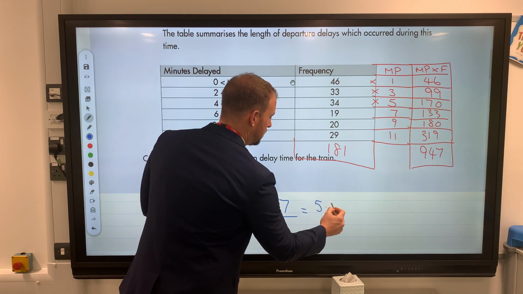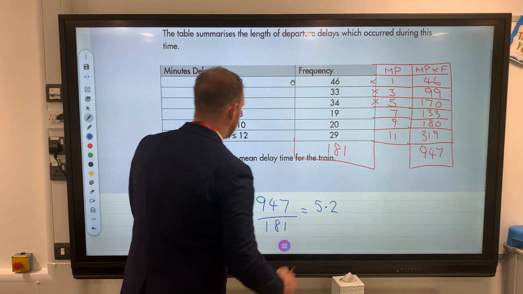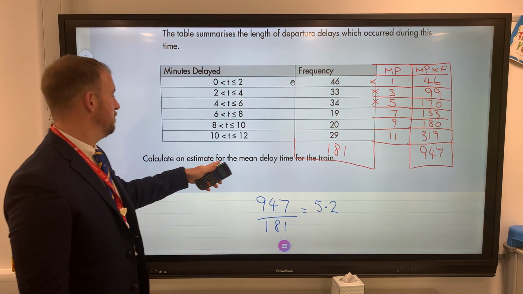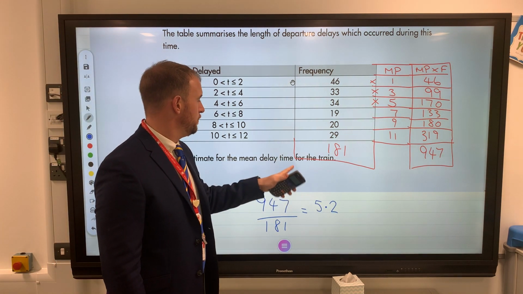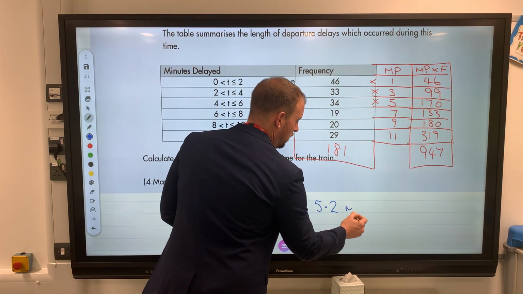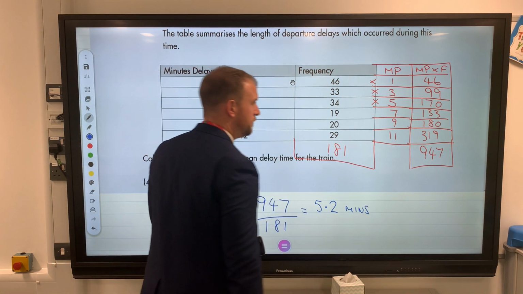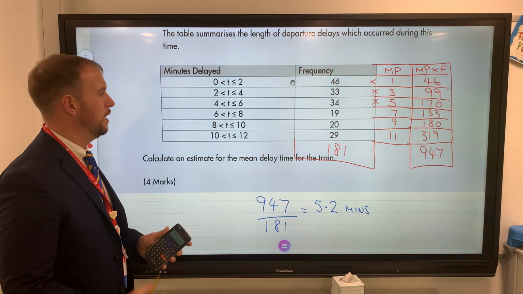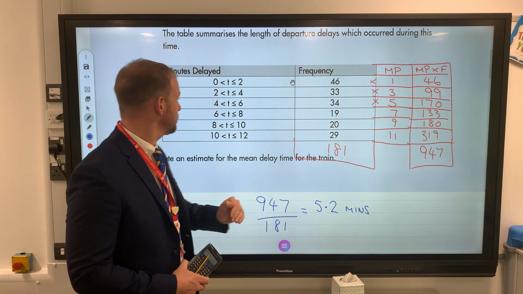I've rounded to 1 decimal place. Okay, so the estimate for the mean delay time, the estimated mean, would be 5.2 minutes per person. Okay, so there's been a lot of steps there.